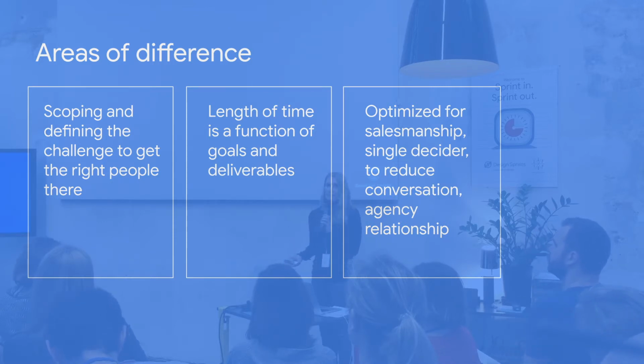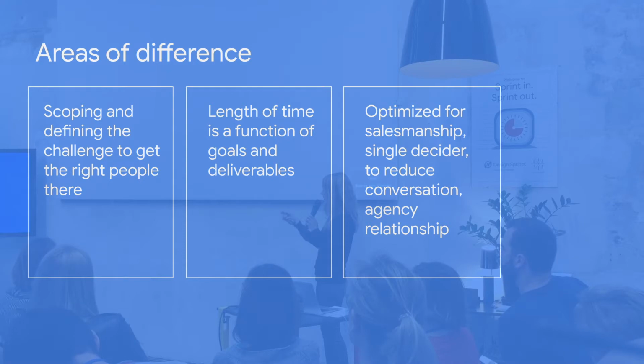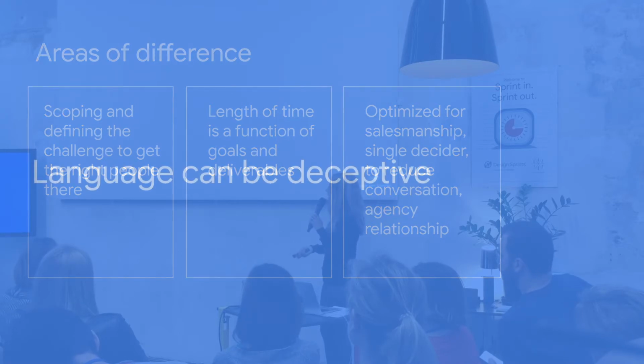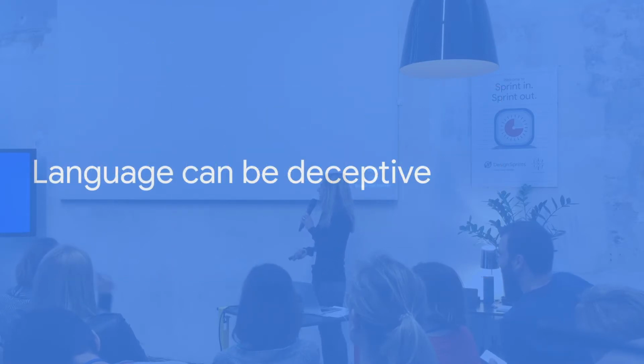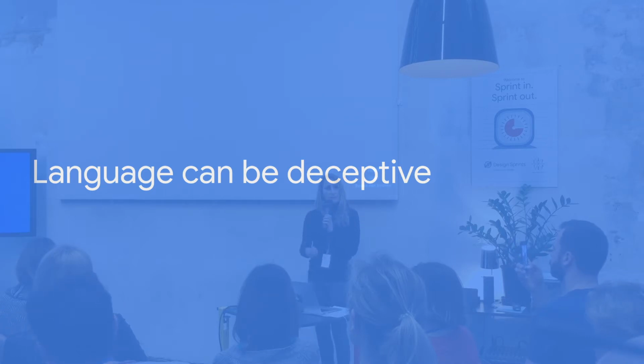Google is a company that does not have one decider. It is very hard to have one person make that decision, so it's very democratic, and I'll talk a little bit more about that. And then there are things around reducing conversation. How much conversation do you need in your company? How much is too much? These are the nuances of how you run a method, basically customizing it for your culture.